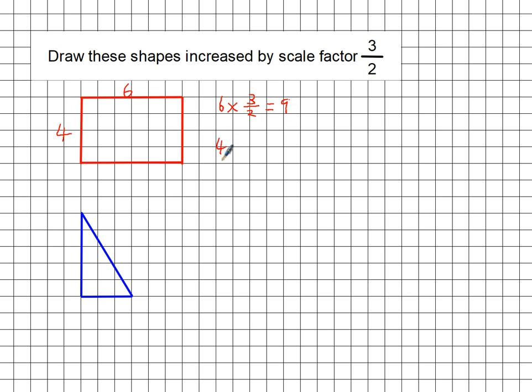4 times 3 over 2 for the other length. 4 times 3 is 12, divided by 2 is 6.